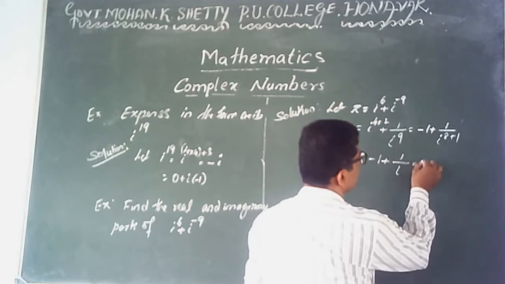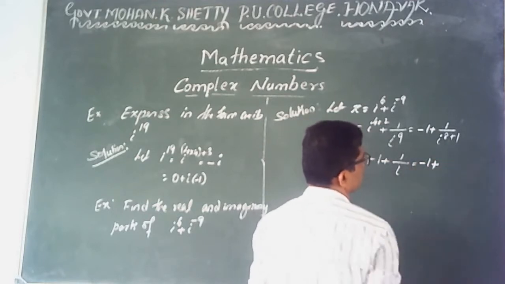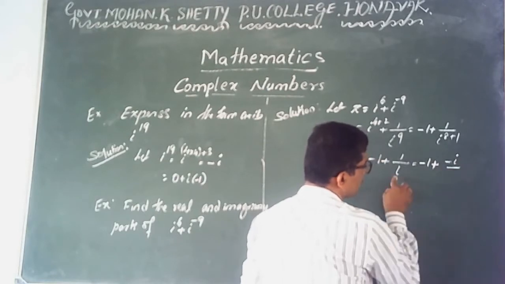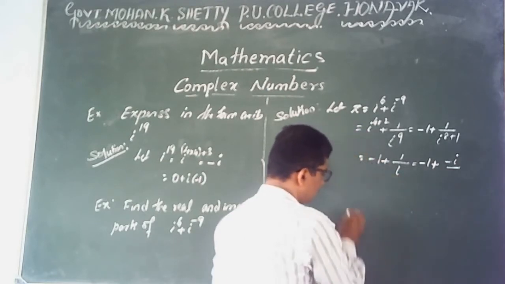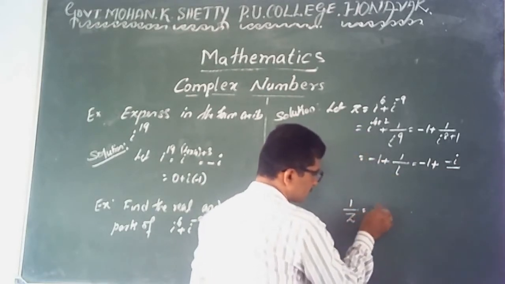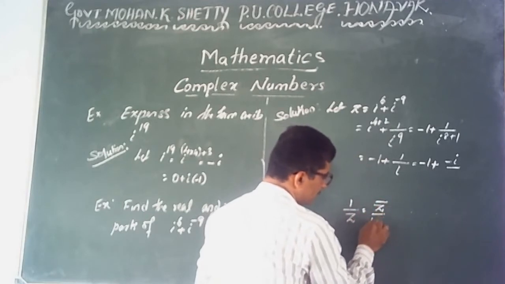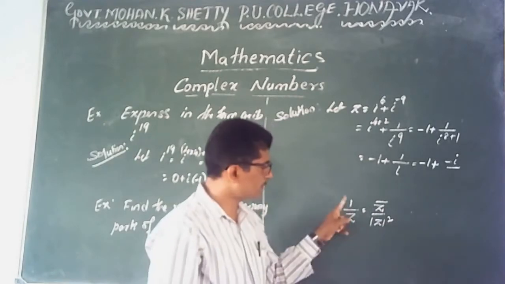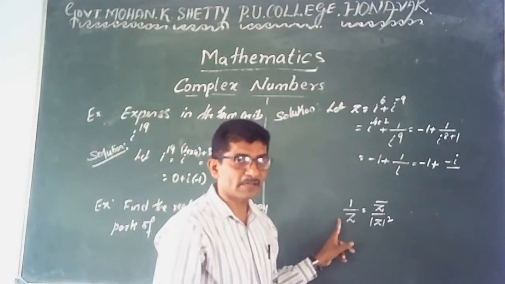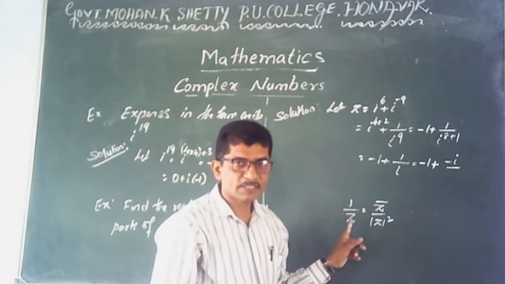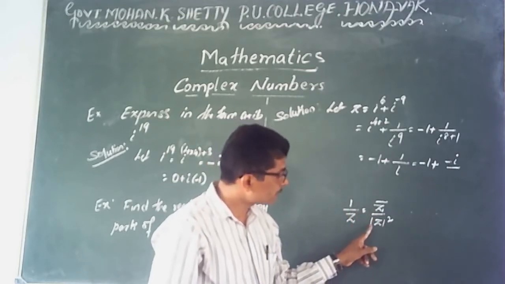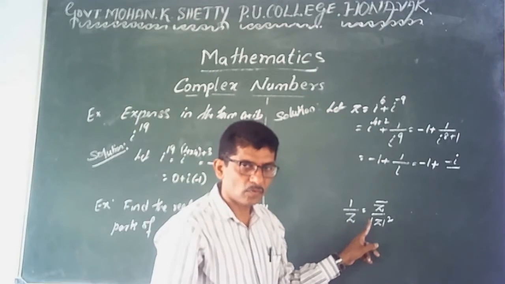Therefore, write minus 1 plus the conjugate of i, minus i, divided by its modulus. Here remember 1 by z means z bar divided by modulus of z whole square. Just remember that 1 by z is the multiplicative inverse of z.